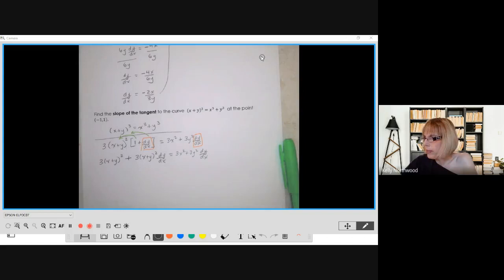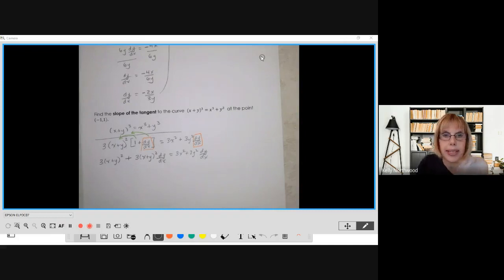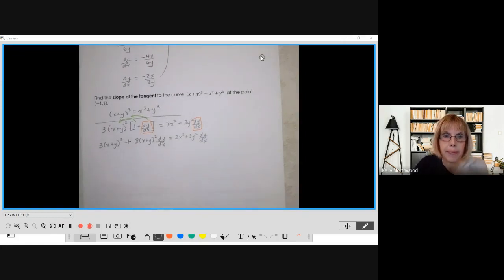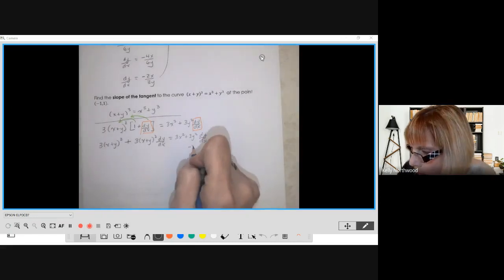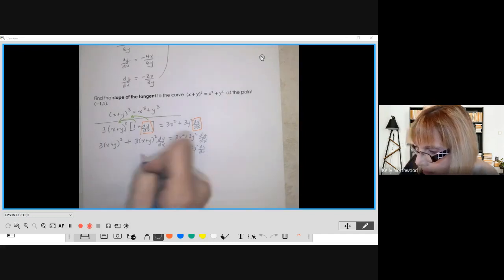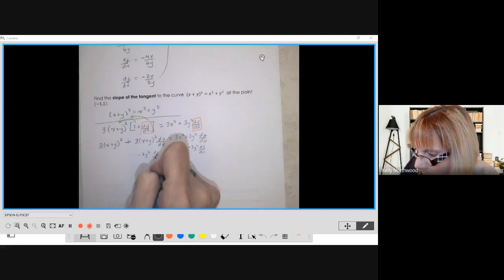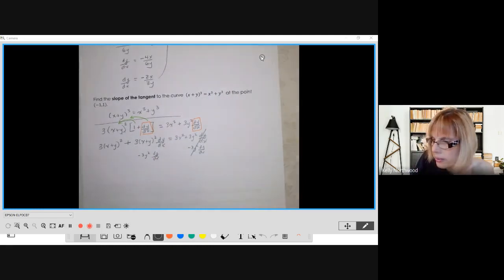So now we can see that this time we have dy by dx on 2 different sides of the equation, and we want to get them to be on the same side. So I'm going to subtract 3y squared dy by dx on both sides. So those are gone.